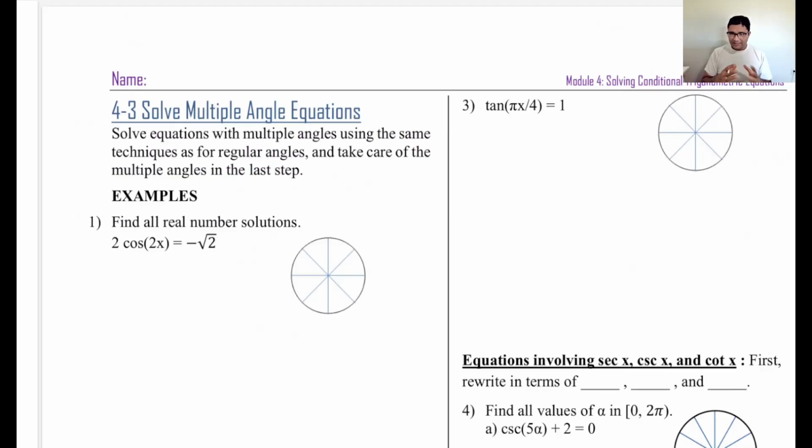Now we are at the next stage where we will solve equations in which the angles are other than x. Like it could be 2x or half x. That is what we mean by multiple angle. Multiple angle does not mean more than one different angle.